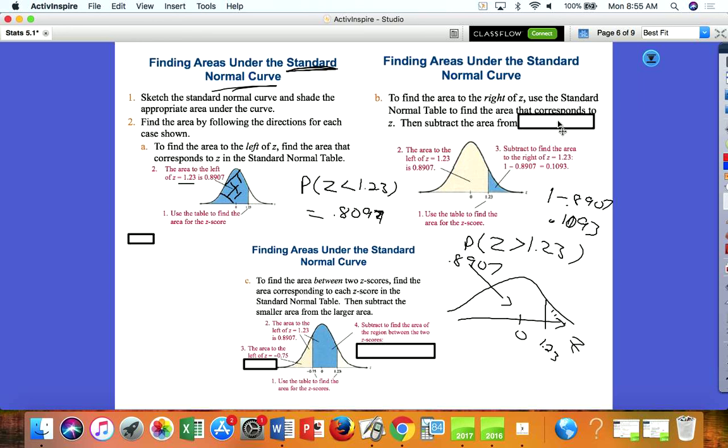Now, let's think about between. Okay. So I'm going to use an example that we talked about in the past. So Q3. Let's say Q3 is 100. What does that mean? 100 is like 75%. 75% is below this value, right? Okay. Q1 is 15. Okay. So answer me this question.